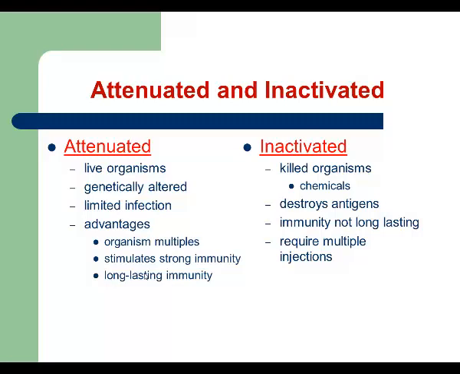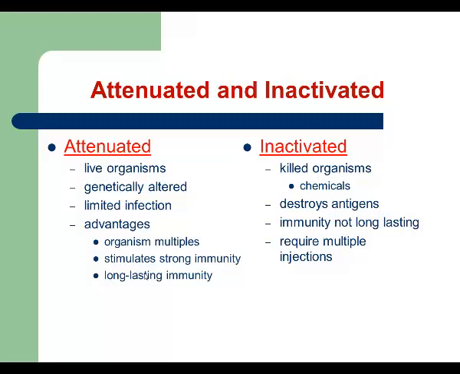Attenuated polio vaccine is made of live polio viruses. We make them weak in the labs, so they will not be able to cause symptoms of infection in strong individuals. And then we introduce those weakened viruses into the patient's system.